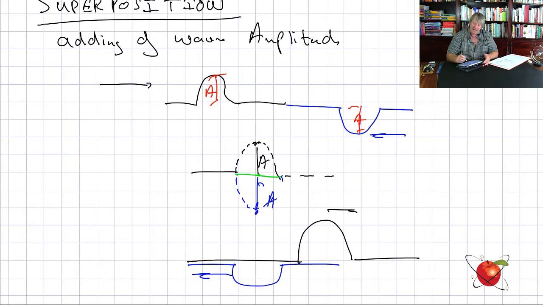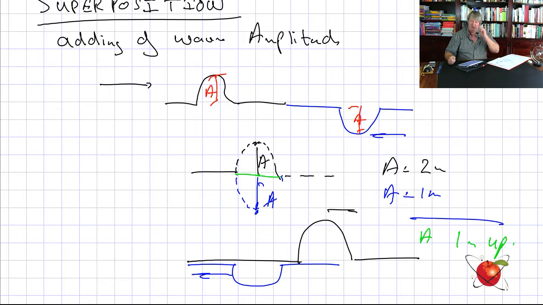Now what if we said A was 2 meters and blue A was 1 meter amplitude? What is the wave over there going to be? Well, it's actually logical. The wave over there is going to be 1 meter upwards that way, isn't it? Okay? It's going to be 1 meter up. It's going to be up like that.